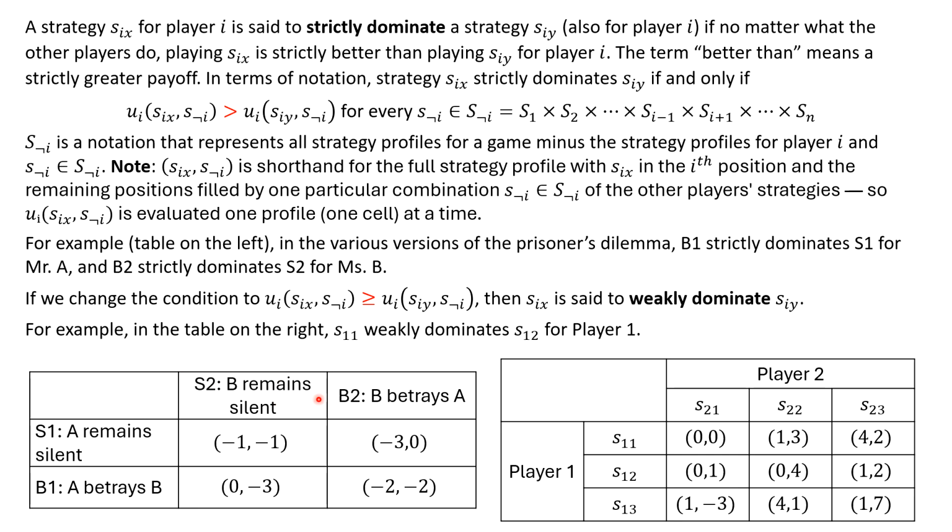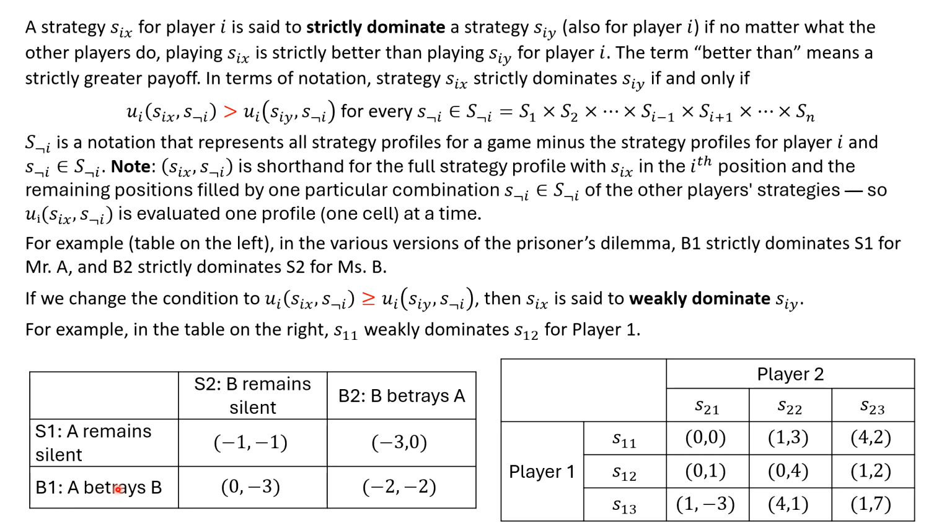We have the prisoner game here, and my claim is that strategy B1 strictly dominates strategy S1 for player 1. And we do that by just looking at the payoffs, these U sub I, in this case U sub 1. And we see that 0 is greater than -1, and -2 is greater than -3.